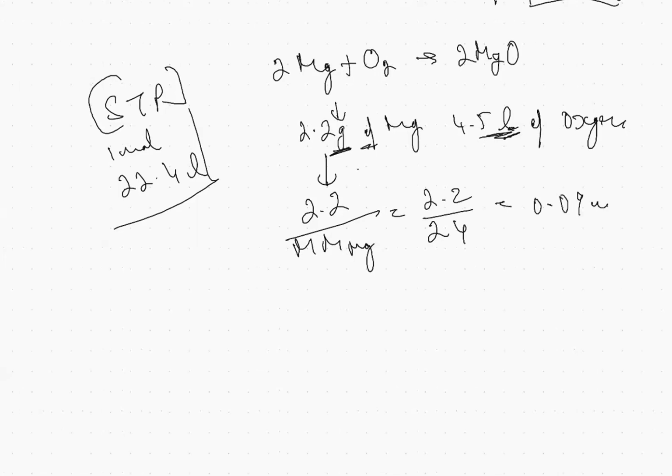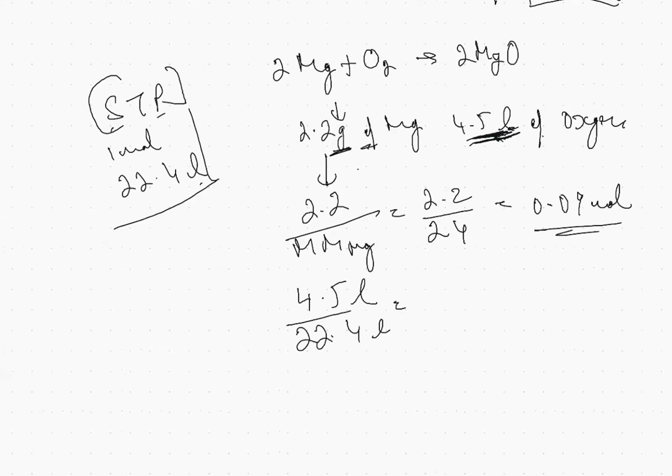Then for oxygen, because it's standard temperature and pressure, you divide 4.5 liters by 22.4. That gives the number of moles. It works because it's standard temperature and pressure. So I get 0.2 moles.